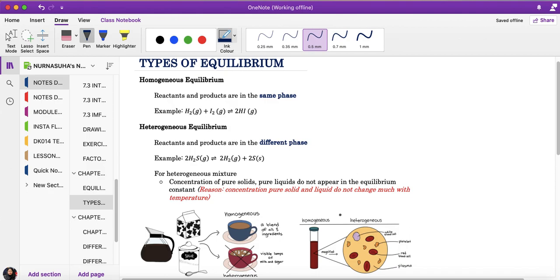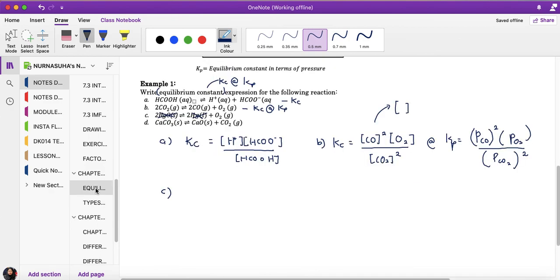That is why the concentration of solid and liquid does not appear in the equilibrium constant. Going back, this means you just ignore these two.